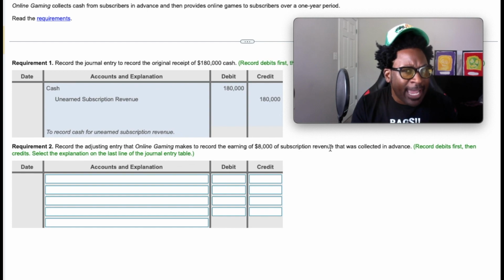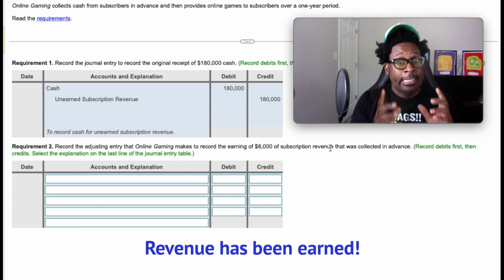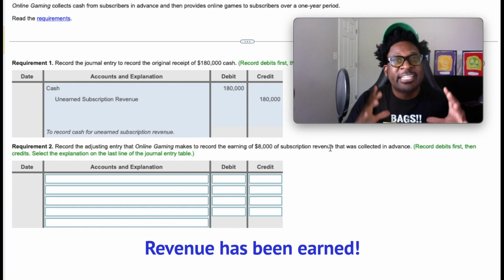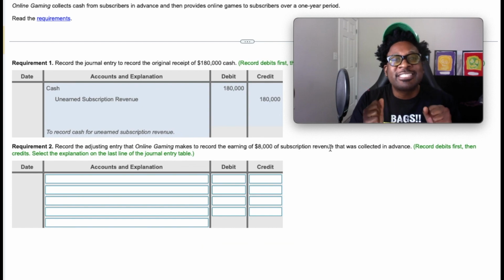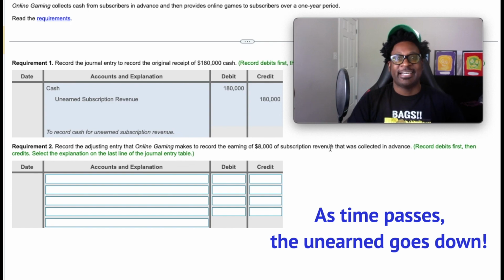But what else has happened throughout this time period? Since revenue has been earned, that initial liability, that initial unearned subscription revenue that was recorded, must decrease by the $8,000.